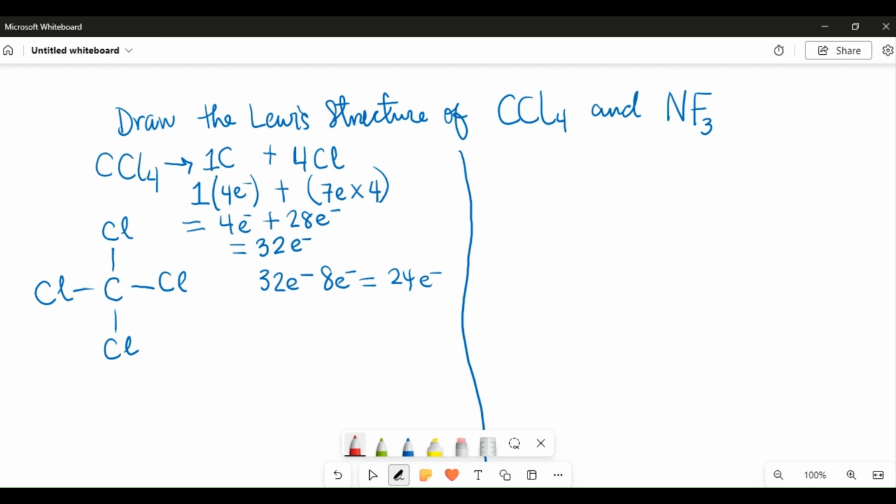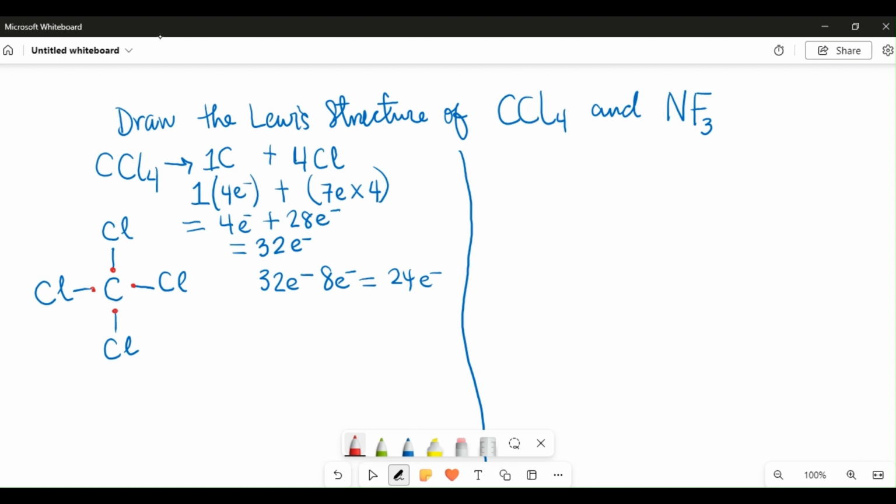Since carbon has 4 valence electrons, we see 1, 2, 3, 4 electrons directly connected to the carbon atom, which makes this correct. So it doesn't need any lone pairs or any other bonding. Everything is working out fine.